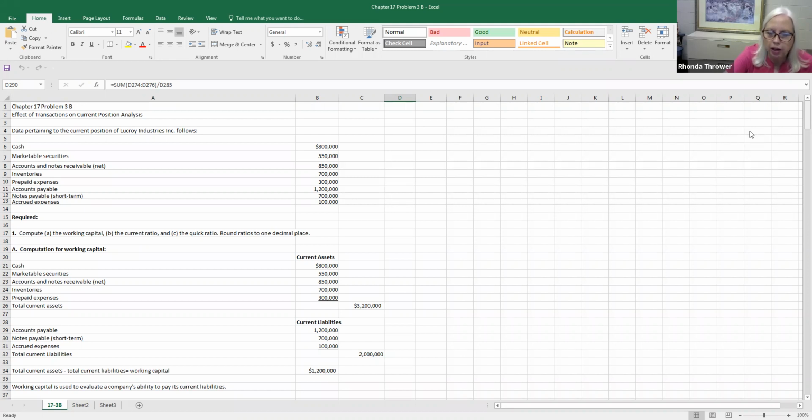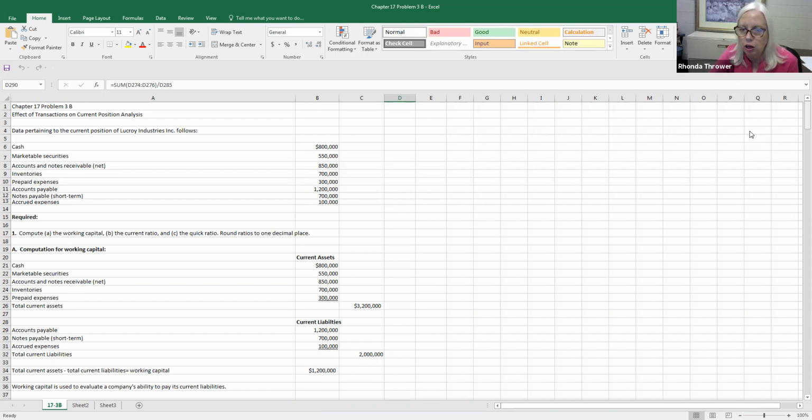So our new balance in the cash account, after you have posted this journal entry, would be $1,300,000 in the cash account. Because your marketable securities are going down, we're going to deduct that from the balance before we sold those marketable securities. And what we have left over is a balance of 50,000. And what that will do is that will affect our current assets.